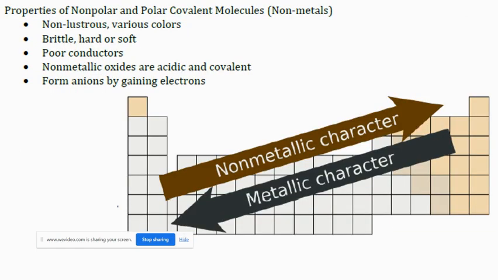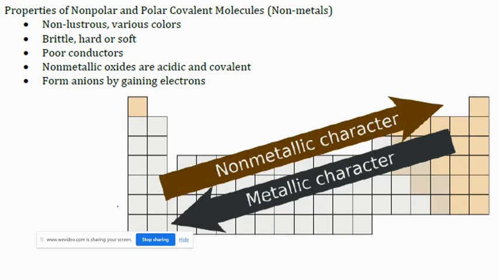All right. Properties of nonpolar and covalent molecules. They don't shine. They're dull. They're brittle. They're hard. Sometimes they're soft. They're poor conductors. So if we put these in a liquid, some of them will conduct electricity, especially those covalent compounds that are getting closer to that ionic compound electronegativity difference.